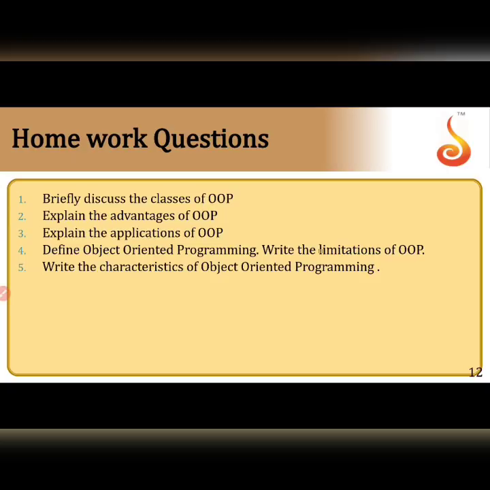Now I will discuss the 2 marker ones. Like they can ask you what is an object, what is a class. Define the term class, define the term object. Then they can ask you define data abstraction, encapsulation, polymorphism. So you should be thorough with each of the OOPs properties.